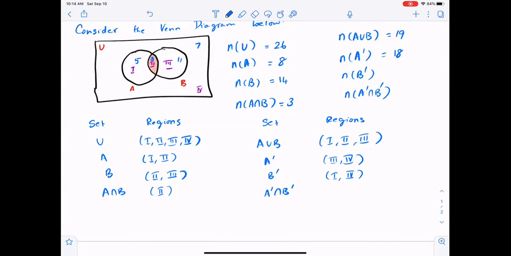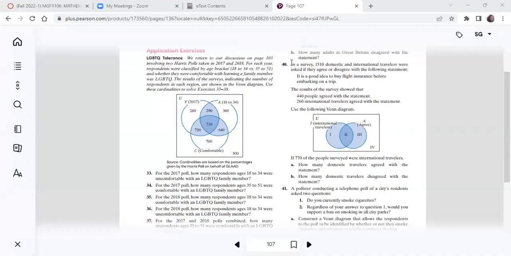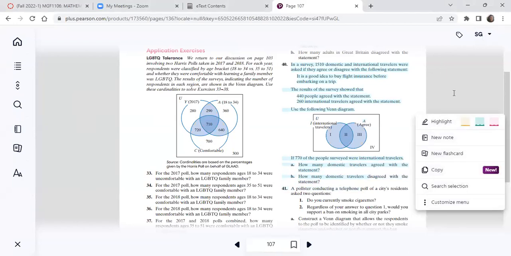So 1 and 4, 5 plus 7, we've got 12. Lastly, we want to see what is common between A complement and B complement. The region that is common is region 4, and region 4 simply has 7 elements. We are going to do that problem right there.